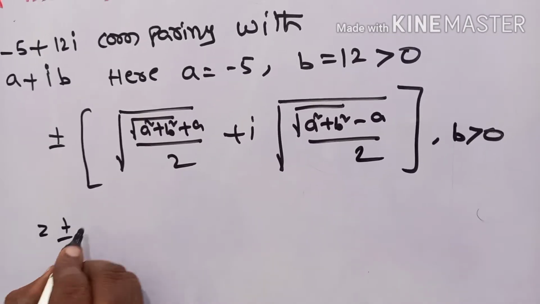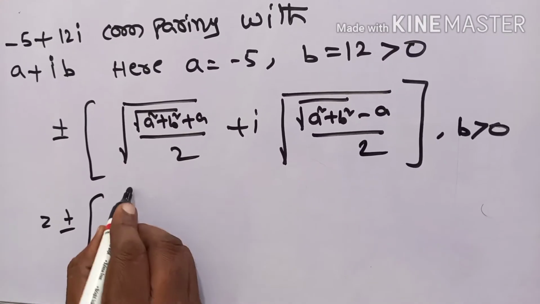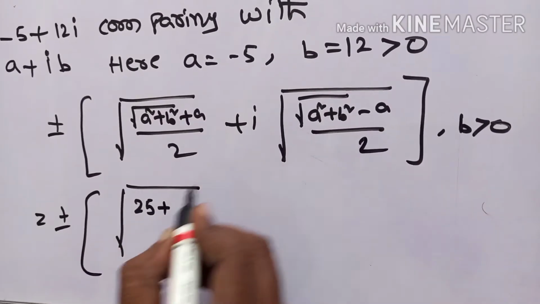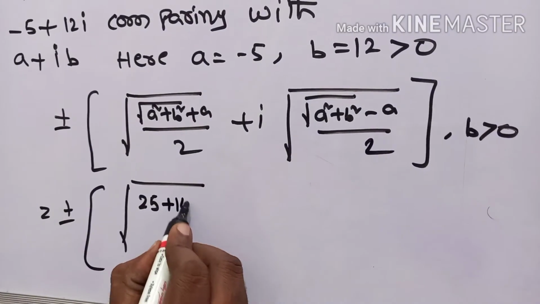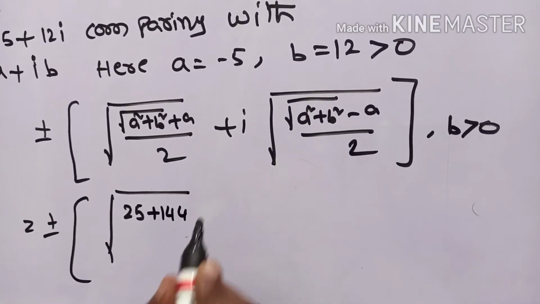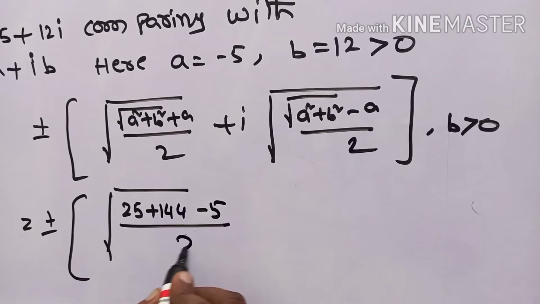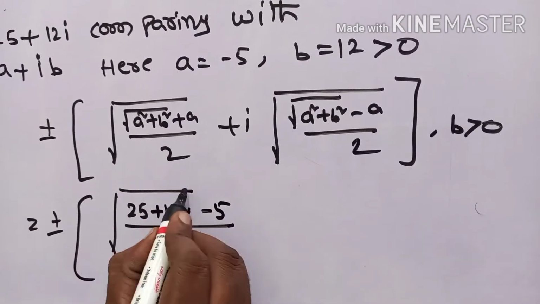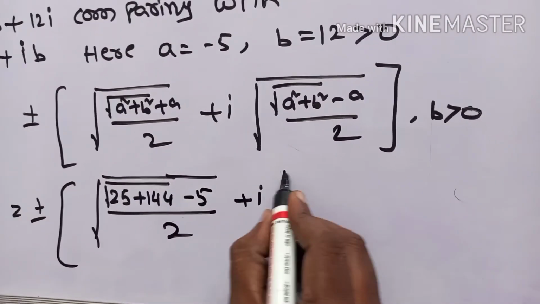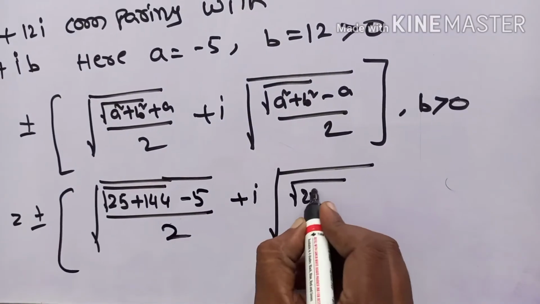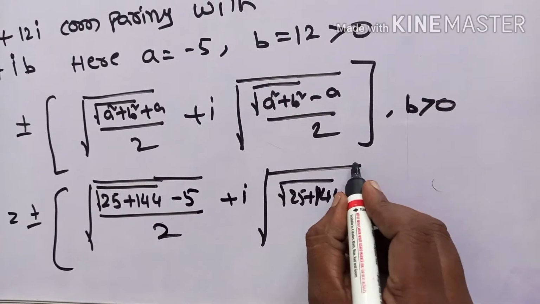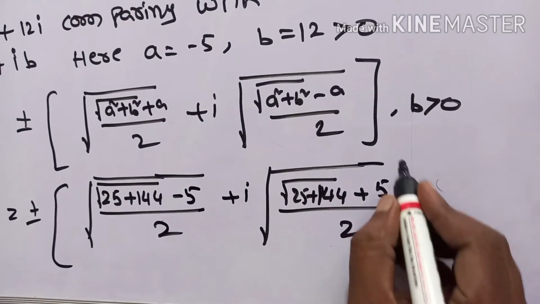Okay, plus or minus root over root of a square, minus 5 whole square is 25, plus b square, 12 square is 144, plus a, that is minus 5, by 2, plus i into root over, here also 25 plus 144, minus a, that is plus 5, by 2.